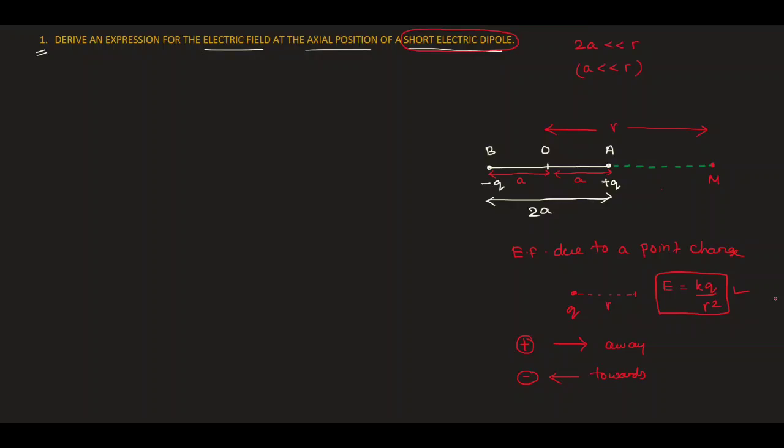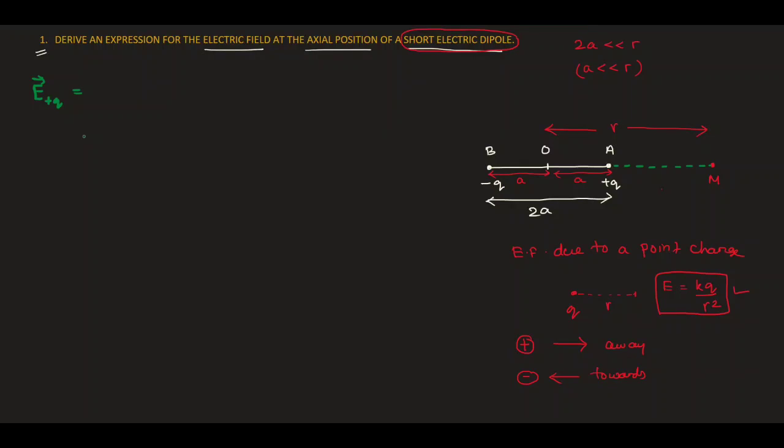Now look at the dipole. In the dipole, we have two charges. We have a positive charge, we have a negative charge. And both the charges will produce electric field at the point M. So now we have to write the expression for electric field due to both the charges, due to the positive charge as well as due to negative charge at the point M. So first I write the expression for electric field at the point M due to the positive charge, E plus q vector.